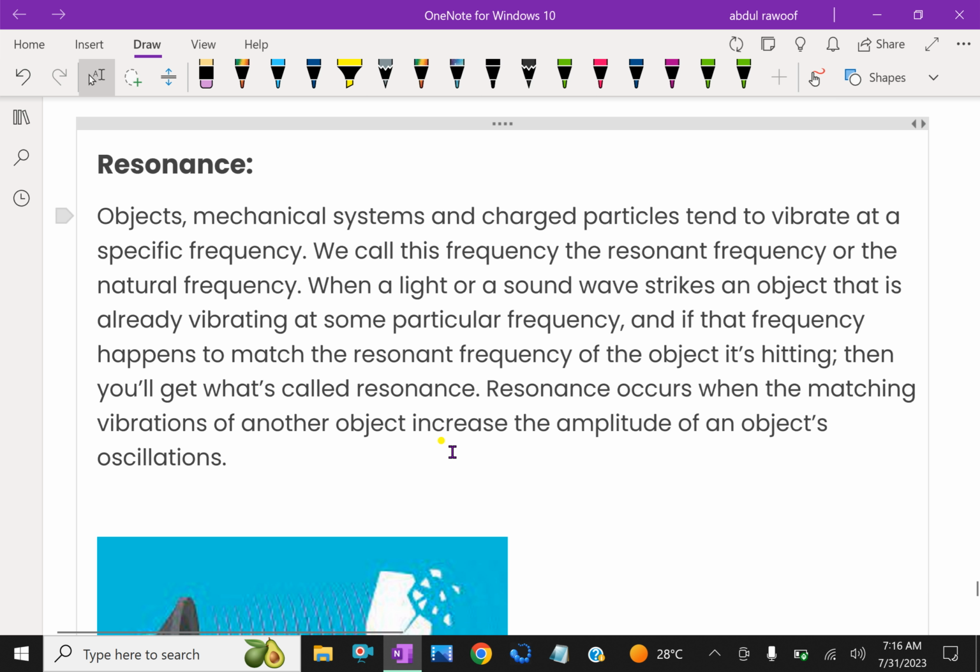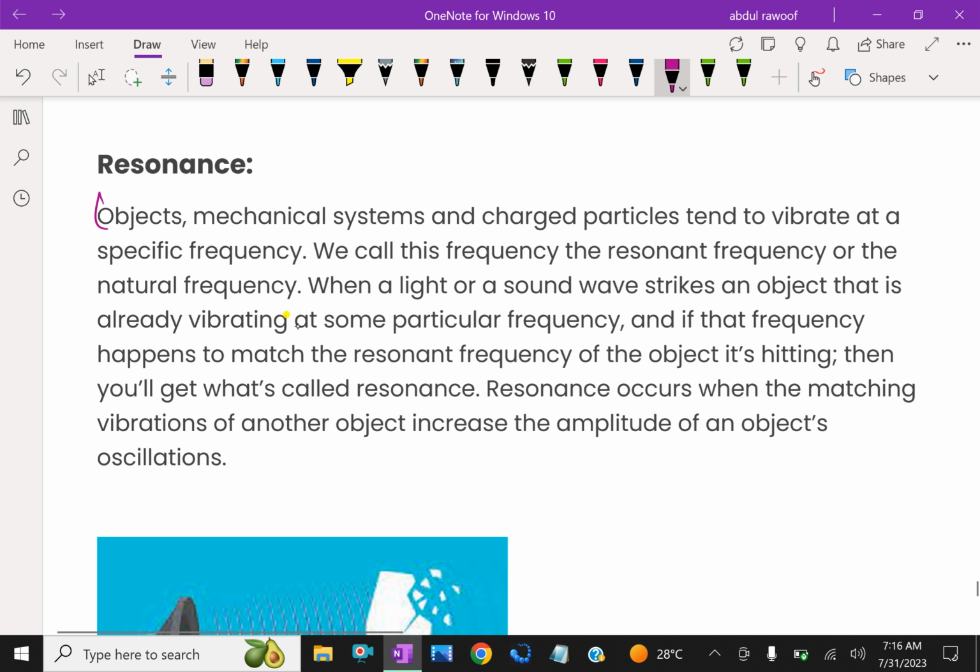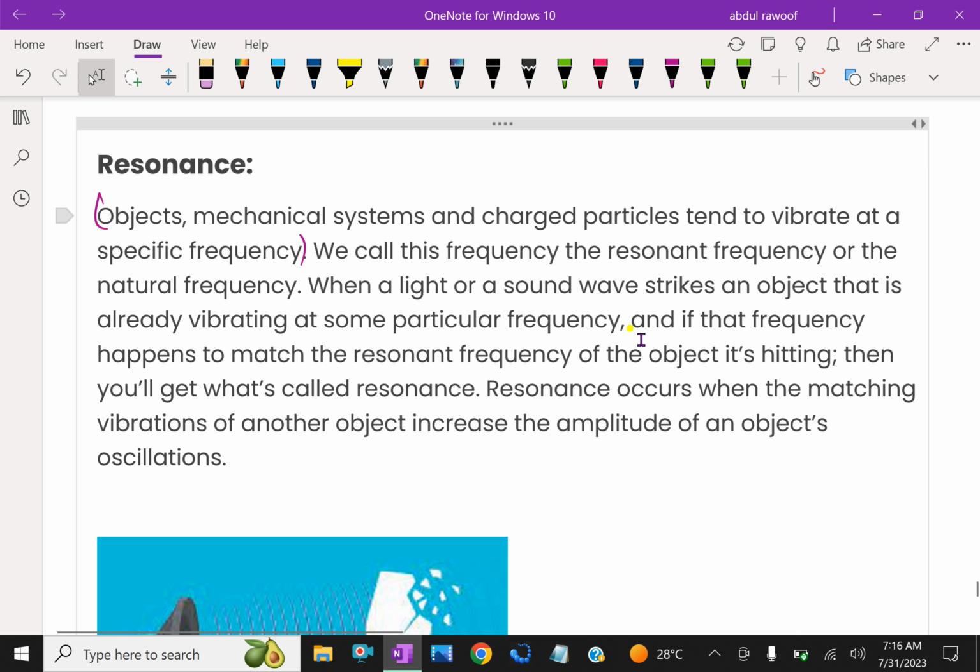Now we'll discuss resonance. Objects, mechanical systems and charged particles tend to vibrate at a specific frequency. We call this frequency the resonant frequency or the natural frequency.